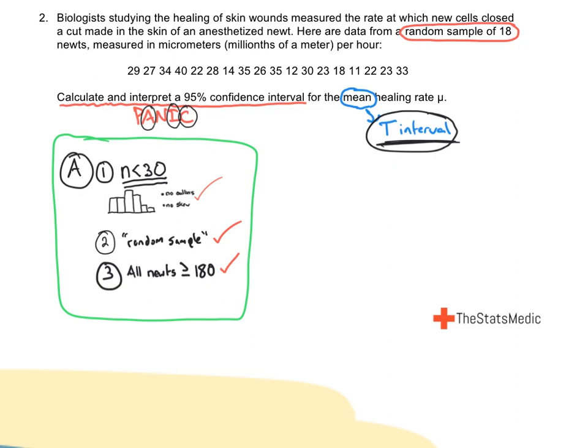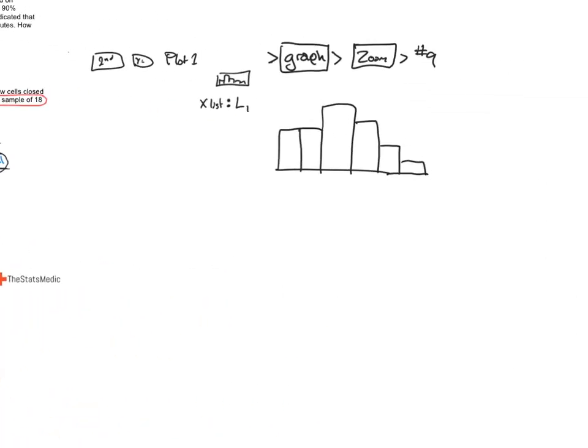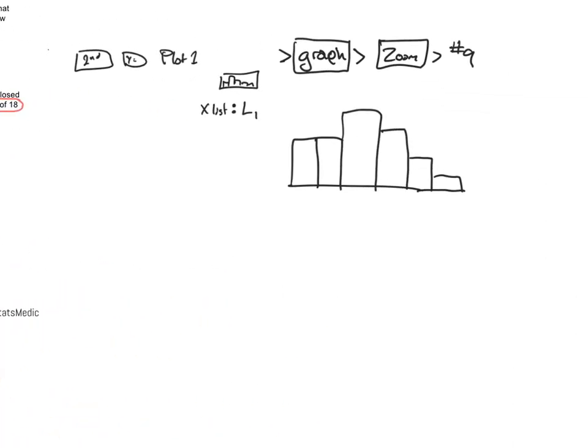Okay, let's move right into the next piece. That's the interval calculation. I need to use some processes out of here because right now I don't know my x bar, I don't know my s value, but it's in your calculator, right? Your calculator is ready for it. So let me go back to our data set. We put everything into L1.